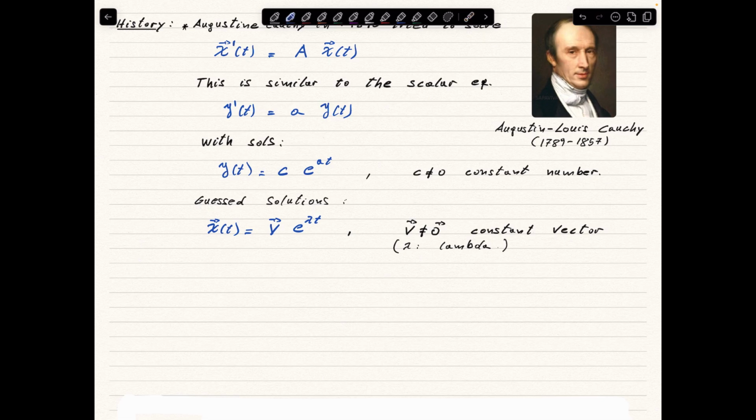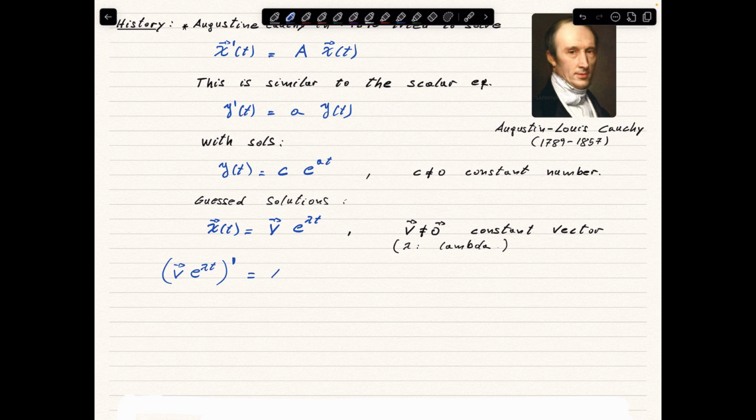So what we do is we put that into the equation, on this side and on this side, and we see what we get. On the left side, we are going to have the vector v times exponential lambda t, and we have to compute the derivative of that.